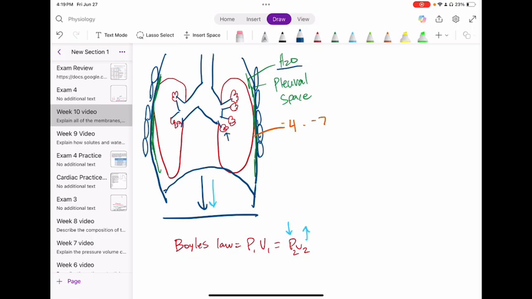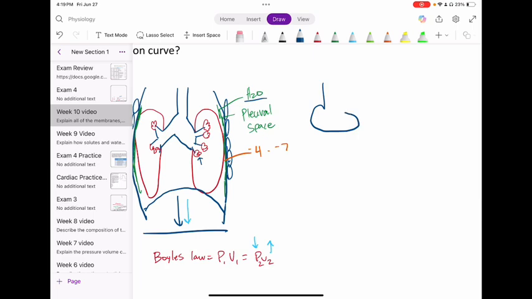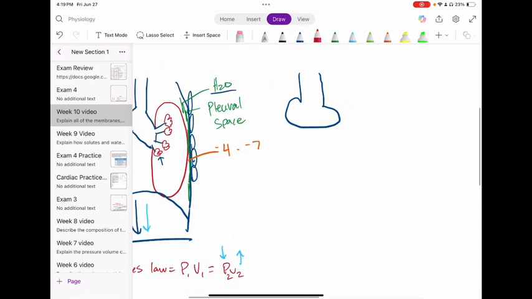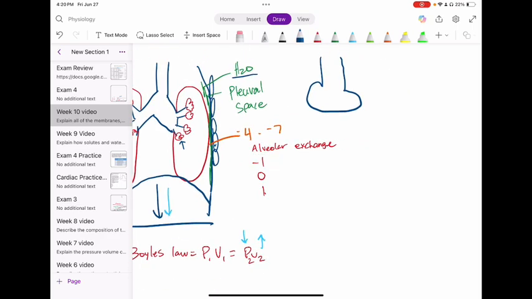These also in the alveoli. The alveolus is very vital to our gas exchange. So in the alveolus, we have different pressures, 1, 0, 2, oh sorry, and 1. So, this -1, this is what happens during inspiration.